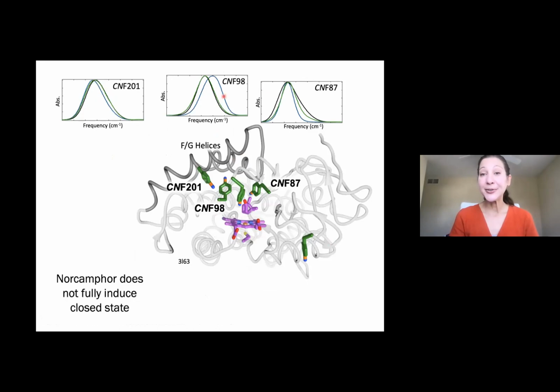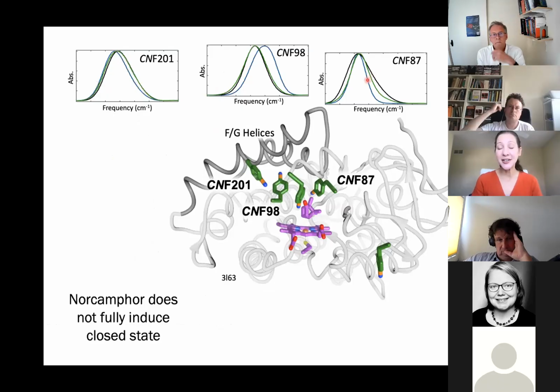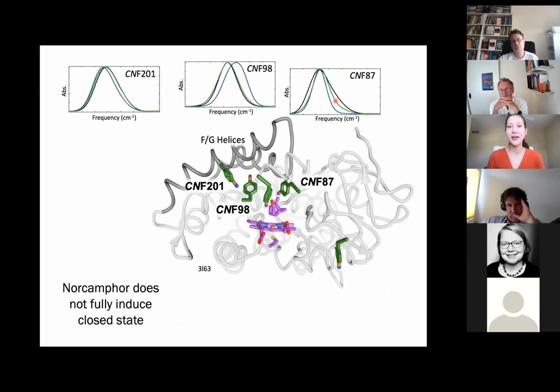At all residues, to a certain extent, we saw a change in the spectra upon binding camphor that was not recapitulated upon binding Nor-camphor. And these were associated with fairly slow dynamics, suggesting that upon binding Nor-camphor, you don't get the same conformational change to that same closed state that you get upon binding its native substrate camphor.